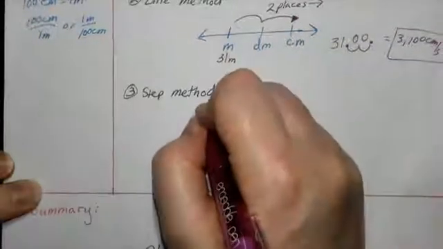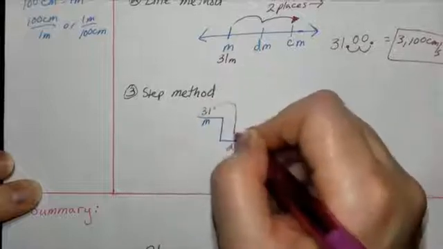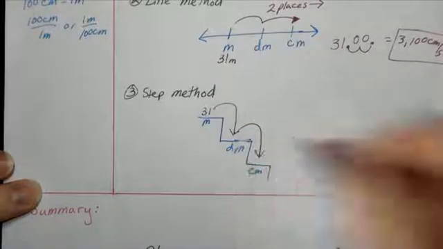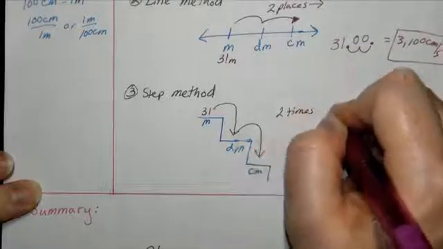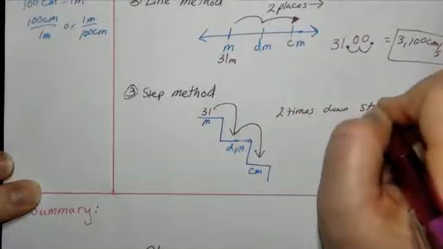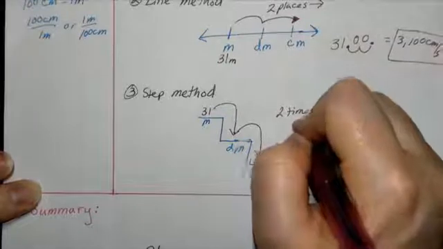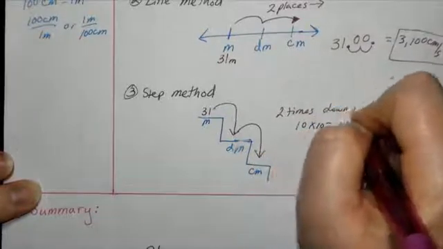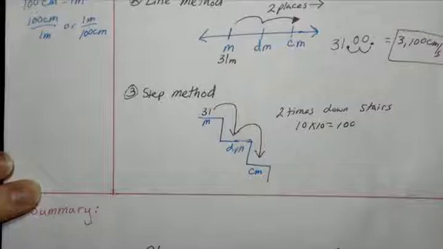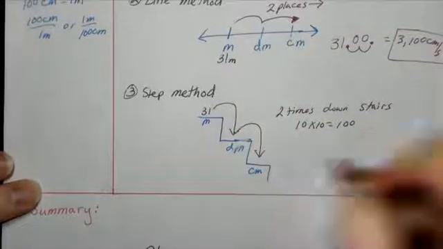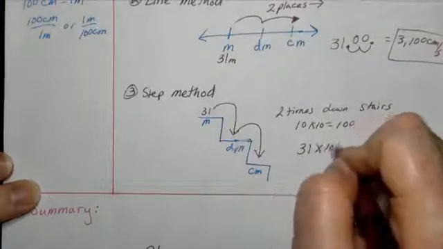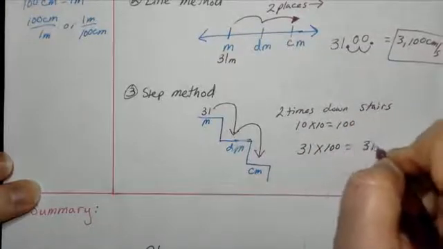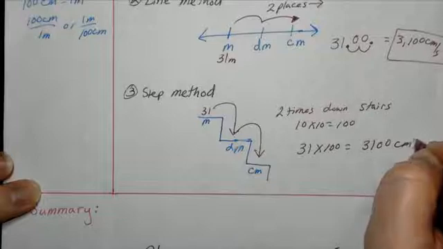And remember, we're starting with 31, and we're going down the stairs 2 times. Two times downstairs is 10 times 10 equals 100. So we're going to go times 10 times 10. 31 times 100 equals 31 with 2 zeros on the end, centimeters per second.